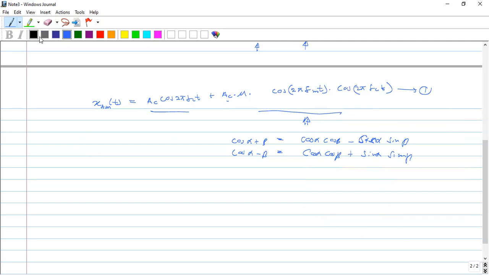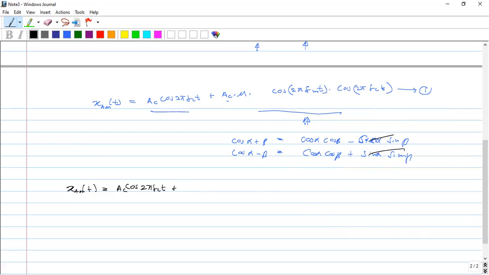So we will get the total AM modulation as AC cos 2π fc t plus, and here it comes half. Because if you add this one and this one, the sin terms cancel out and you get 2 cos alpha cos beta, but here it is 1 cos alpha cos beta term.